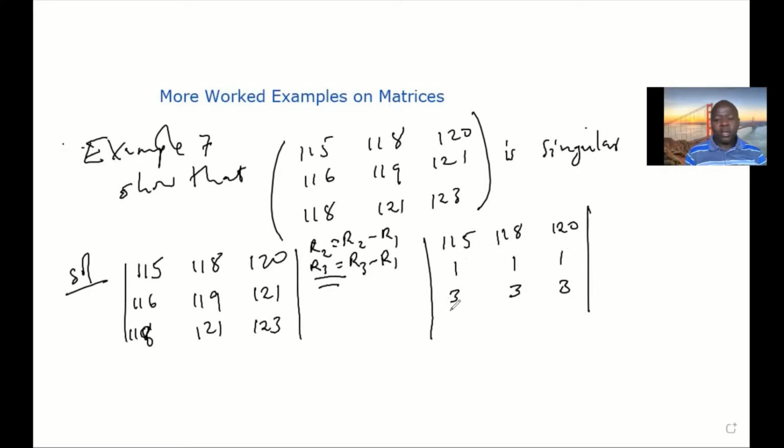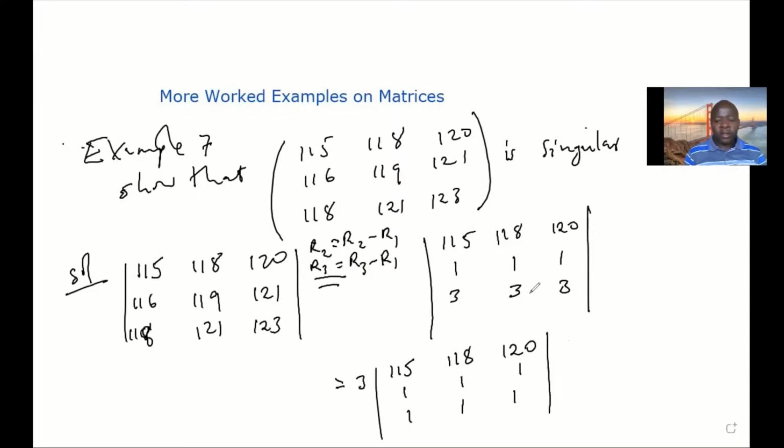Now, I also notice that there's a common term along the third row, so I can factor it out. You have 115, 118, 120, 1, 1, 1, 1, 1, 1.